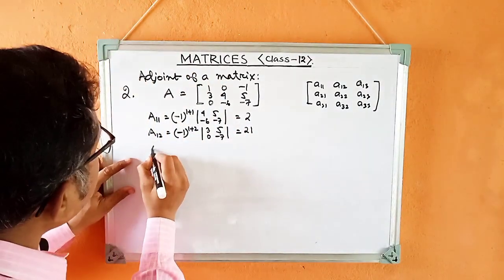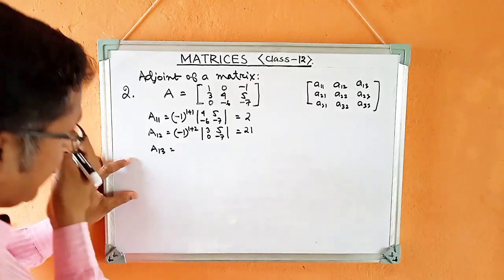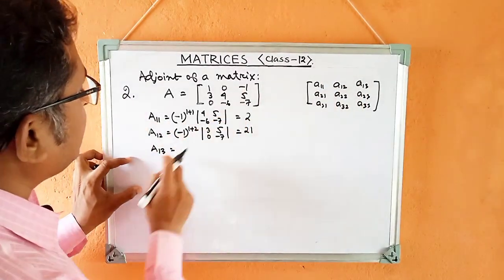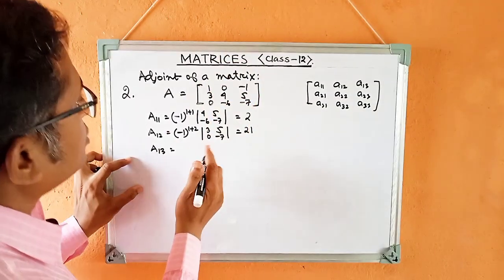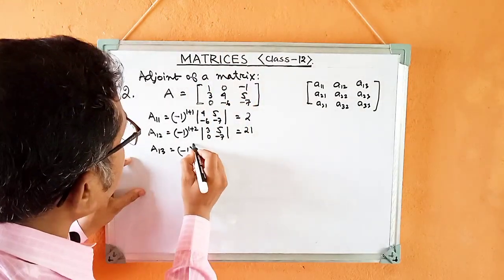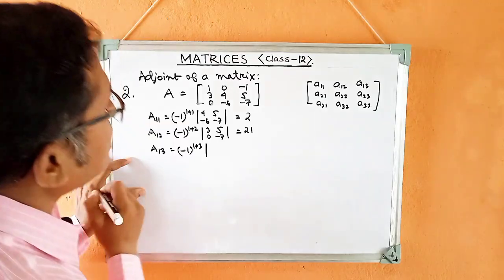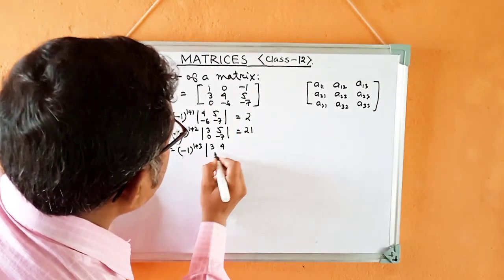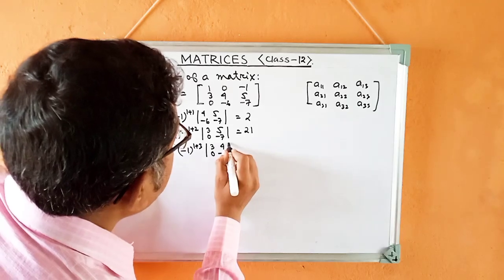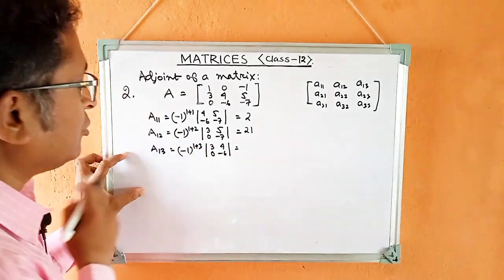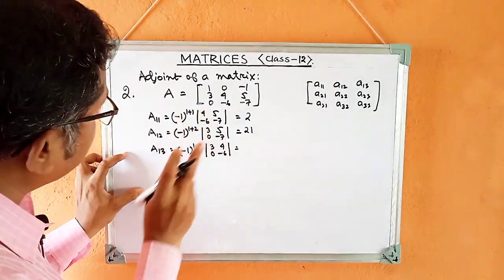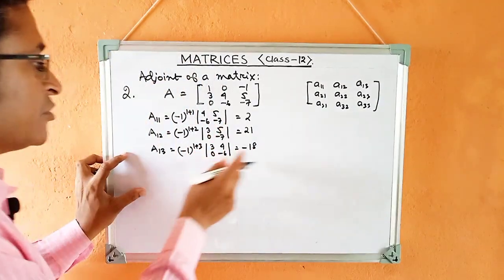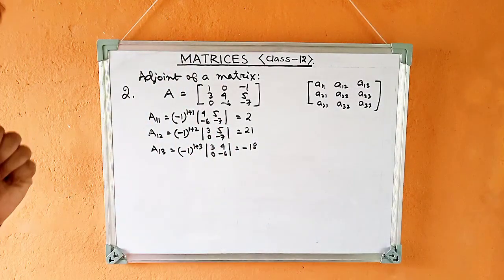Then A13. How to find A13? Eliminate the first row, third column. So we get minus 1 to the power 1 plus 3 into the determinant of 3, 4, 0, minus 6. Minus 1 to the power 4 becomes plus. So minus 3 times 6 is minus 18, and 4 times 0 is 0, so we get minus 18 for A13.